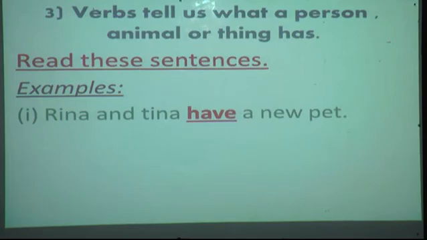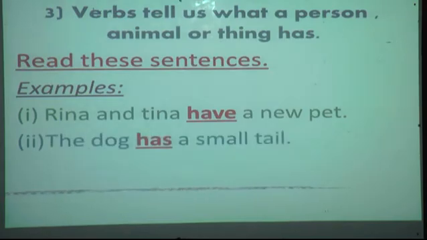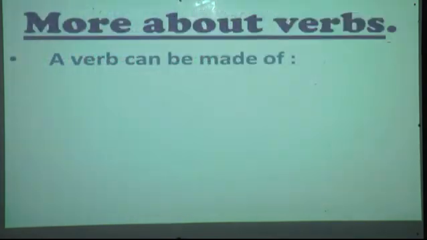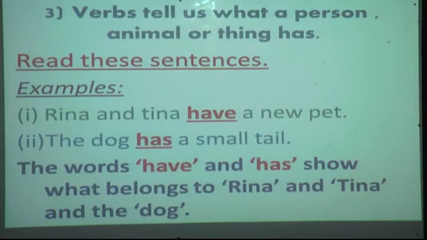Again we will repeat this sentence. Reena and Tina have a new pet. Second, the dog has a small tail. Again I'll repeat. Second, the dog has a small tail.